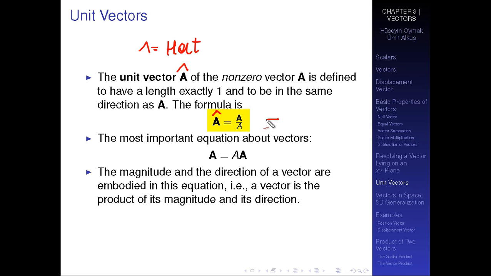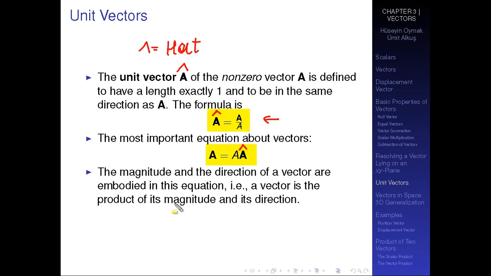If we rewrite this equation as the vector A equals the magnitude A times the unit vector A hat, then the most important equation about vectors is formed.